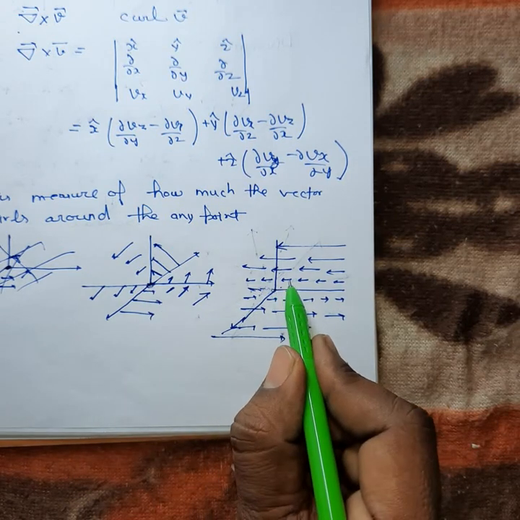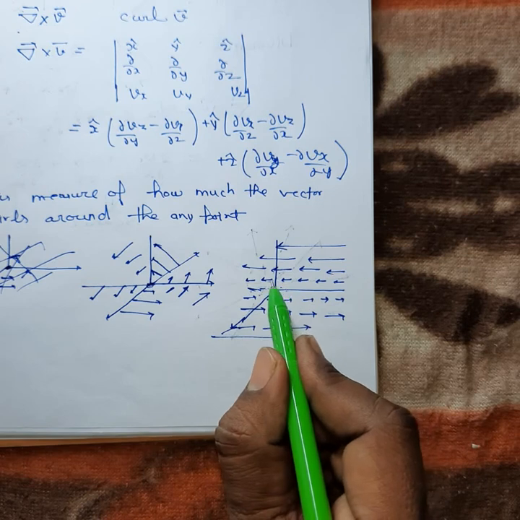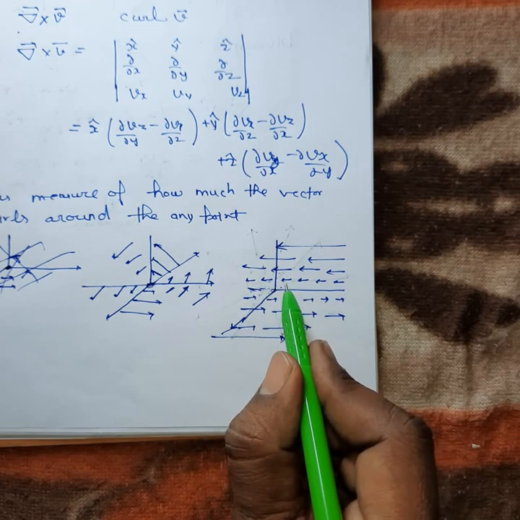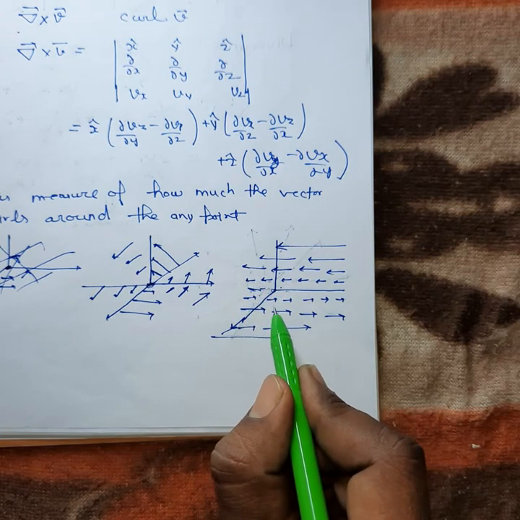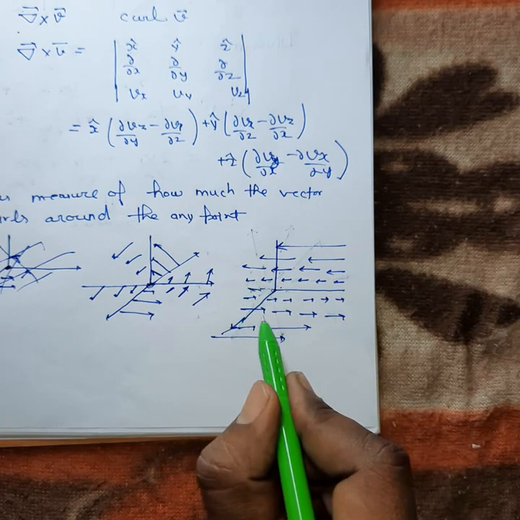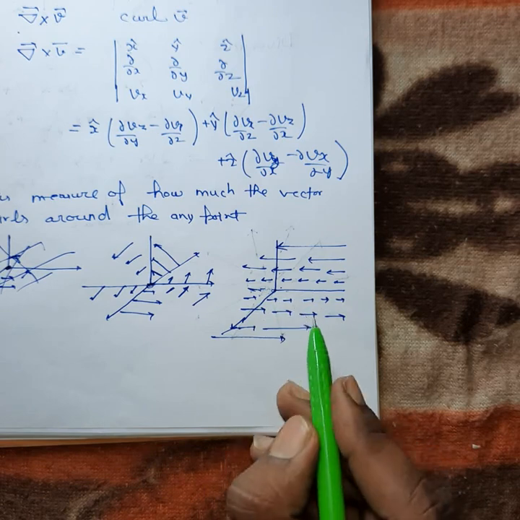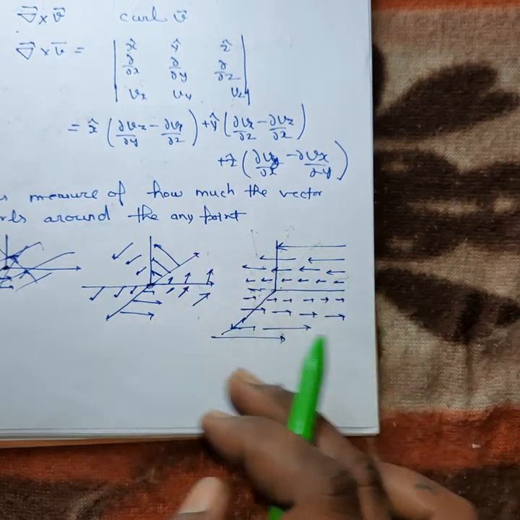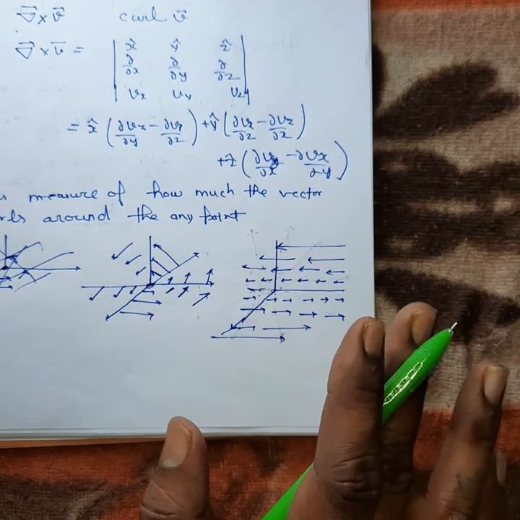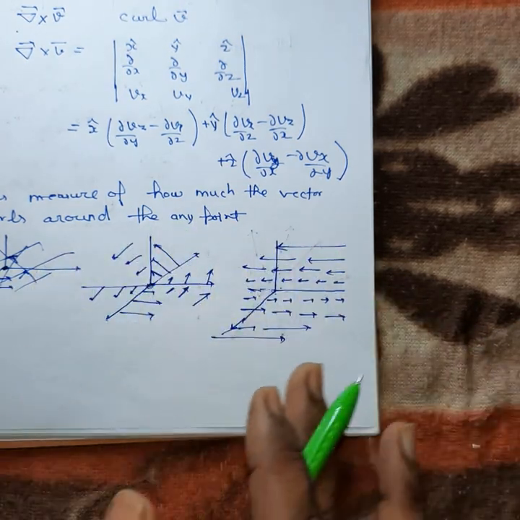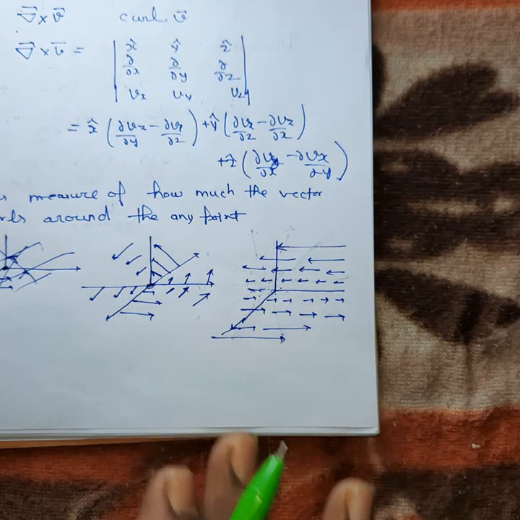Similarly, if this is some type of field, then this field also curls around. You have a finite curl here, with a finite rotation around this point. So this was a pictorial representation of curl.